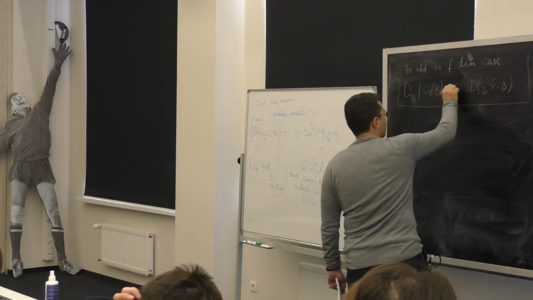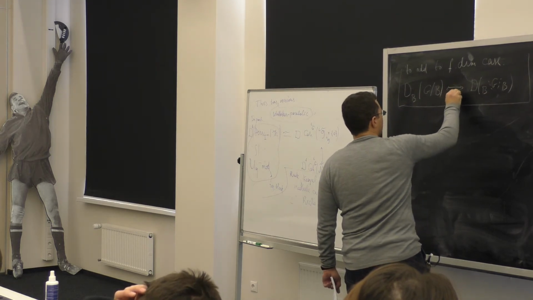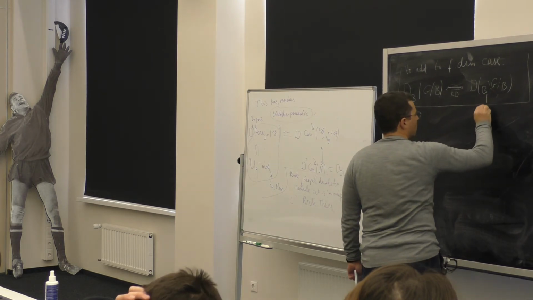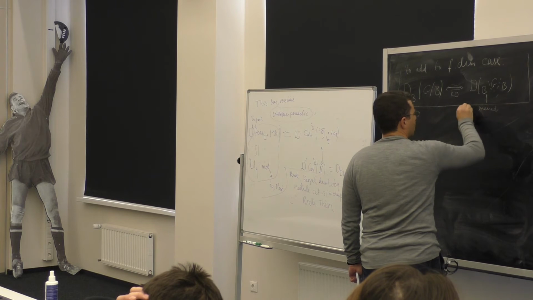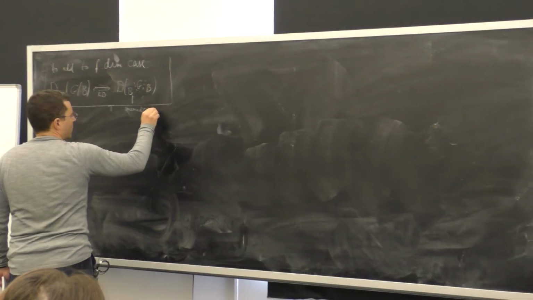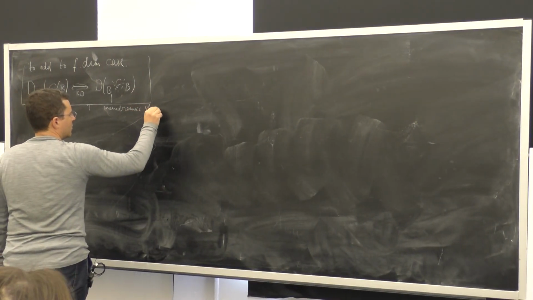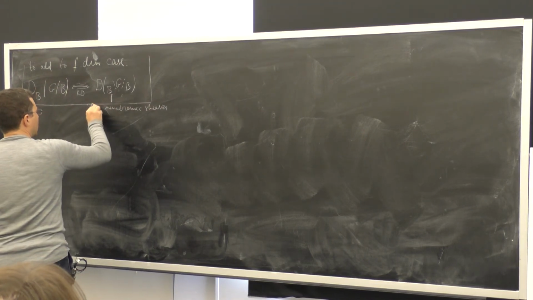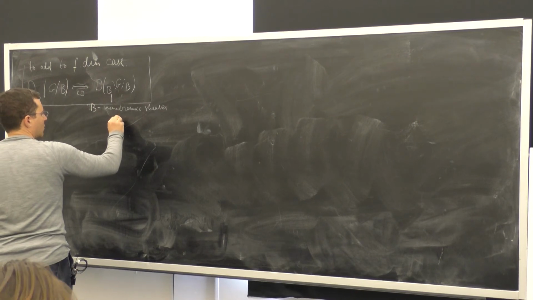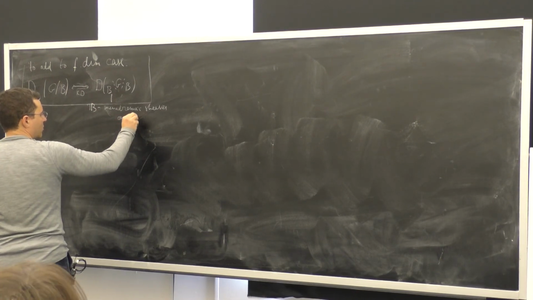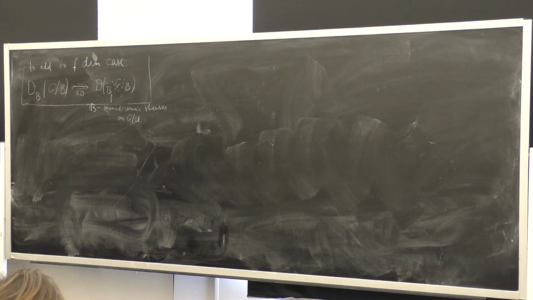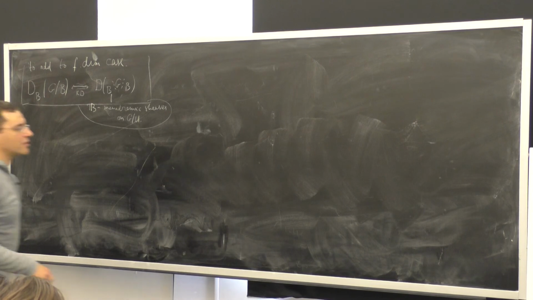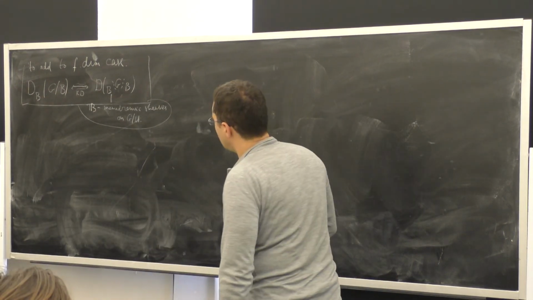Sorry, it's not one, it's the Koszul dual. And this is B-monodromic sheaves on G mod U with unipotent monodromy. Maybe I'll say a little more about it if I need to refer to it.